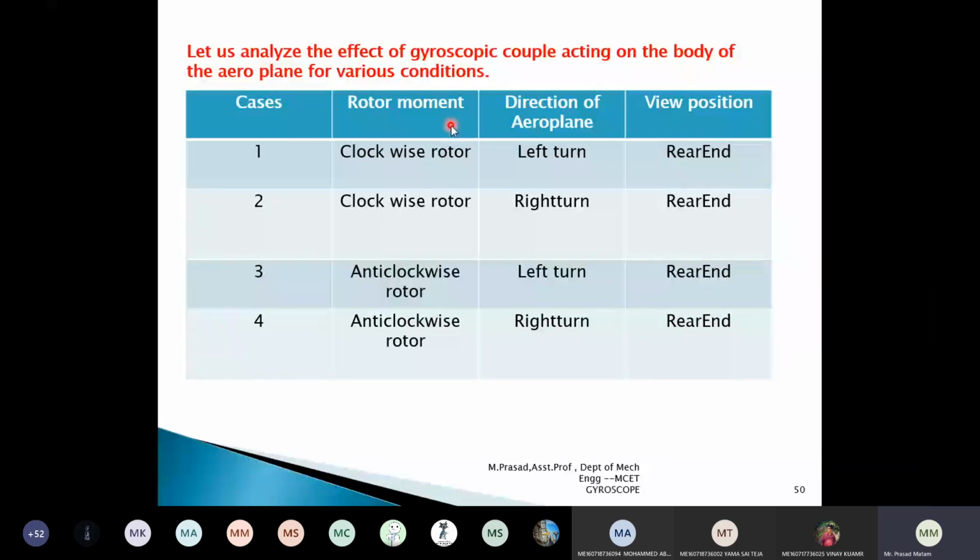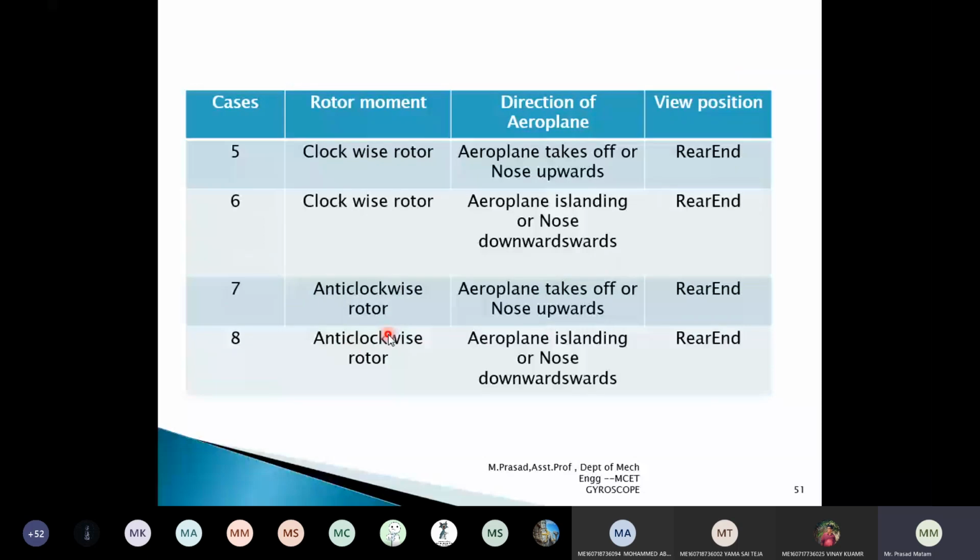Case 1, clockwise rotor taking left turn. Case 2, clockwise rotor taking right turn. Next, case 3, anti-clockwise rotor taking left turn. And case 4, anti-clockwise rotor taking right turn. So these 4 cases I am viewing from the rear end only. And case 5, again clockwise rotor, aeroplane takes off.